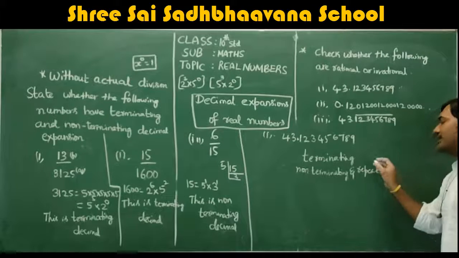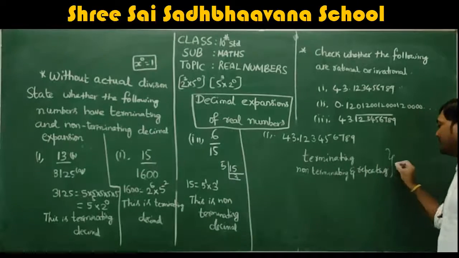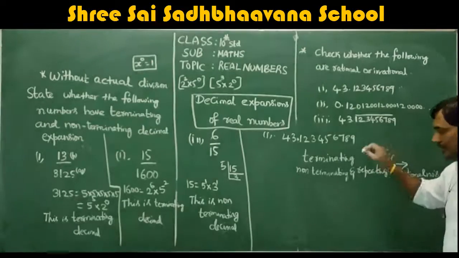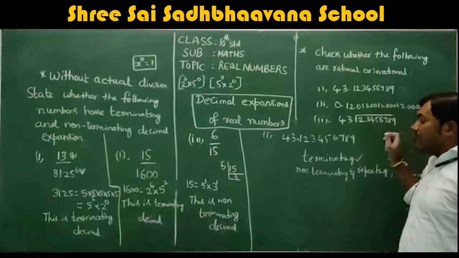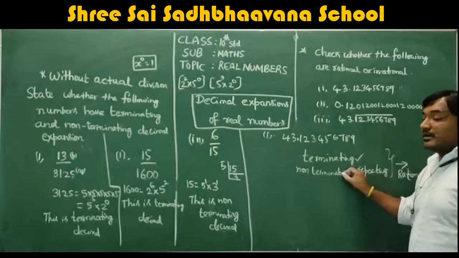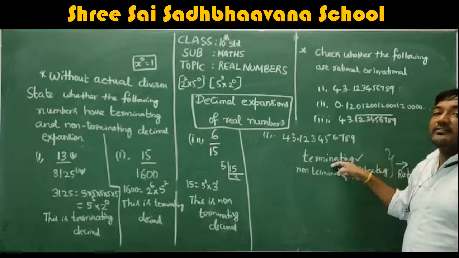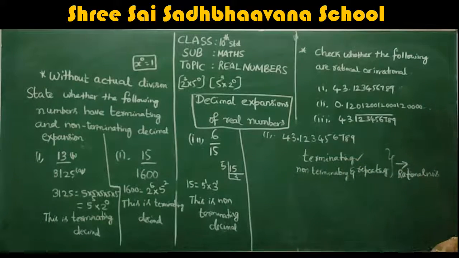In these two cases, we can say they are rational numbers. When it is terminating, that is one case, or you will get non-terminating and repeating. When you get these two cases, then we can say that this is a rational number.